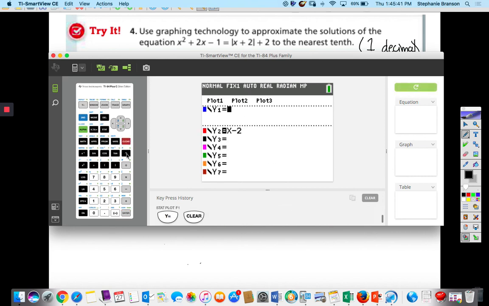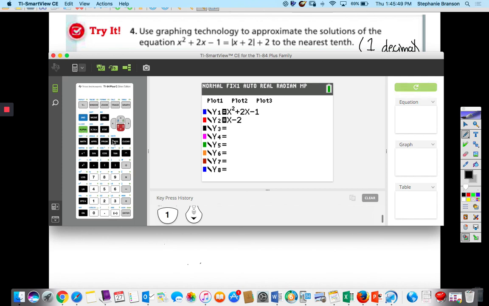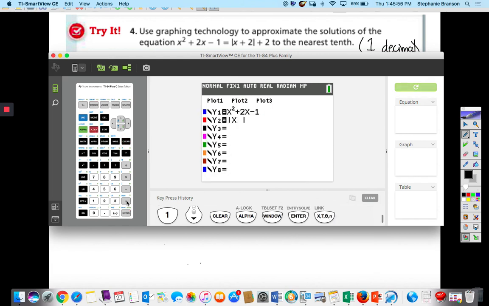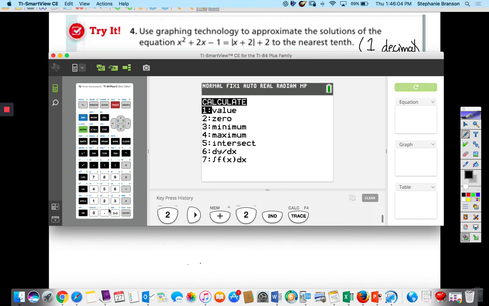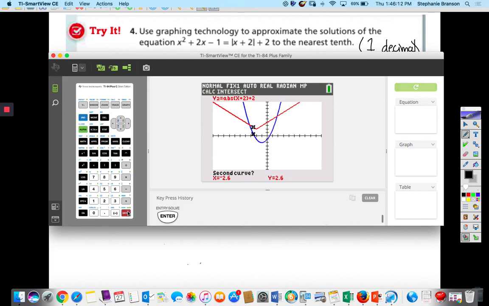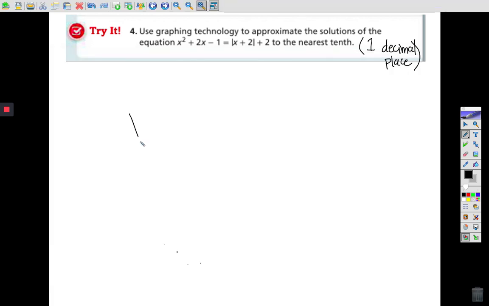So y equals x squared plus 2x minus 1. And do y'all remember how to do the absolute values? If not, it's alpha, window, enter. x plus 2, plus 2. Second trace 5. I go close to one intersection, and I get x approximately negative 3.3.